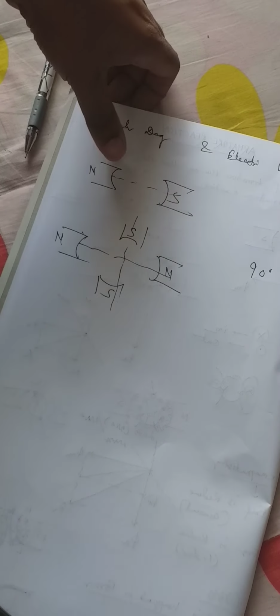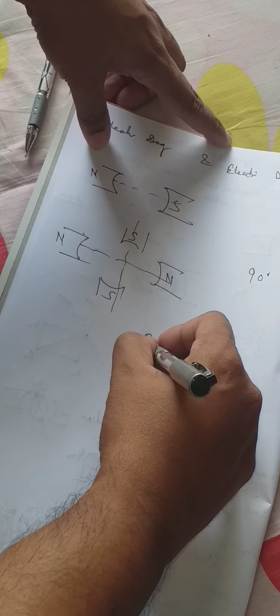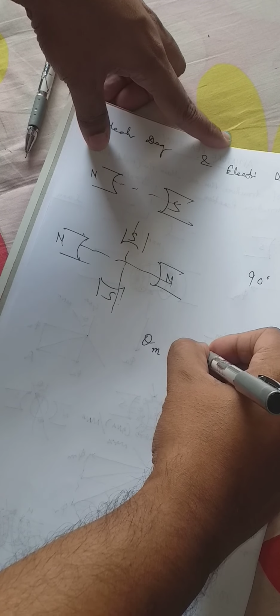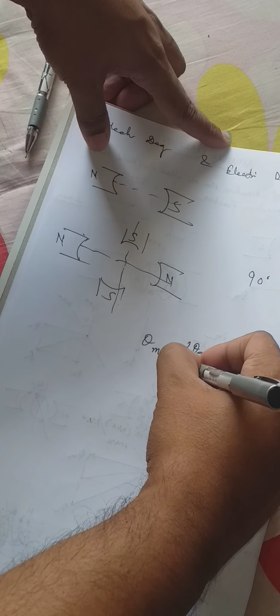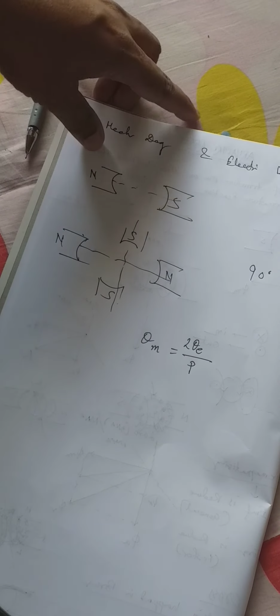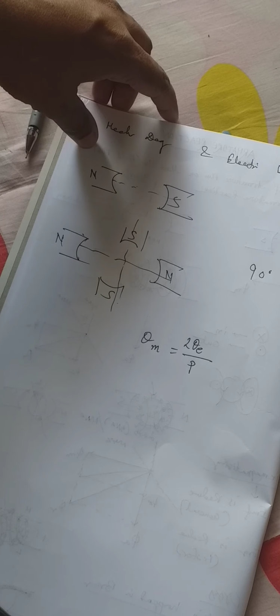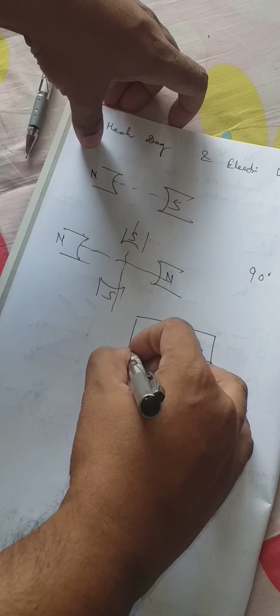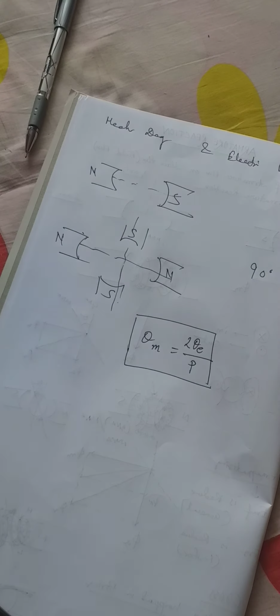So the formula for mechanical degree is theta m equal to 2 theta e by number of poles. This is a very important formula: mechanical degree is equal to 2 into electrical degree by poles.